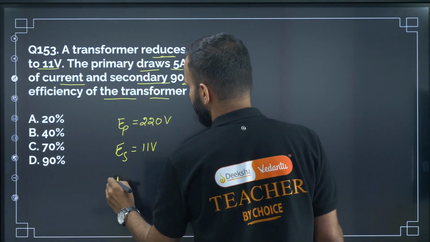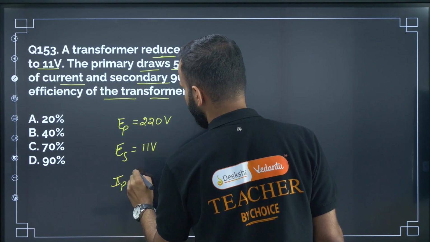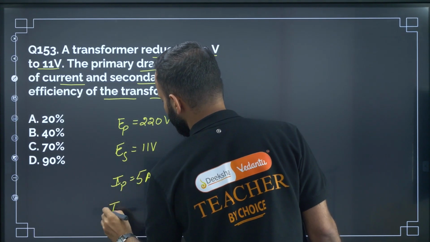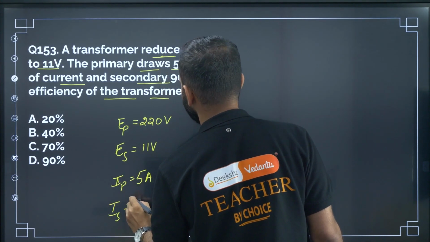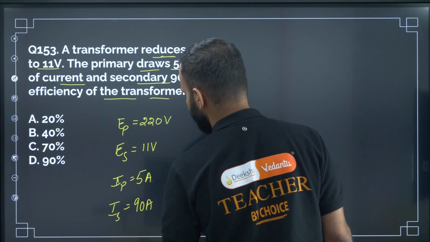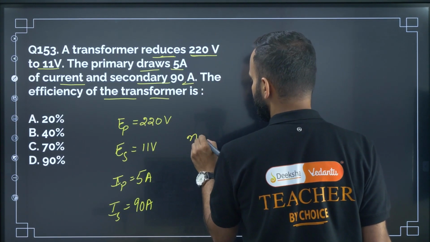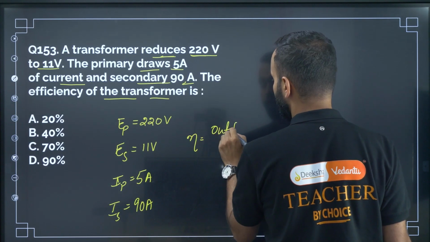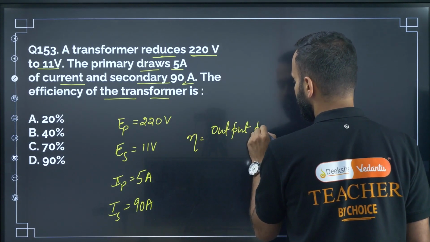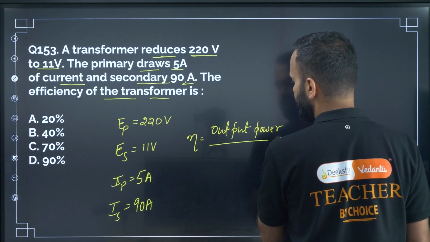Here the primary draws current 5 ampere, secondary draws current 90 ampere, right? So now efficiency of the transformer is equal to output power divided by input power.